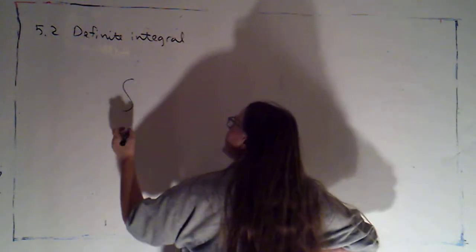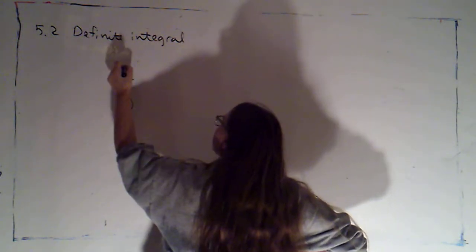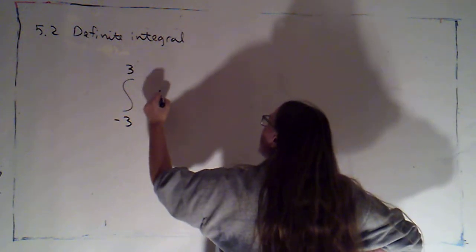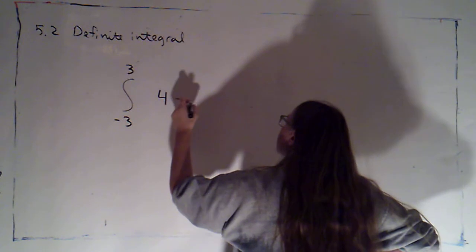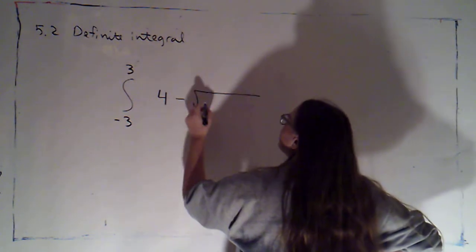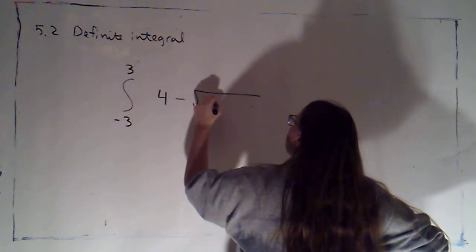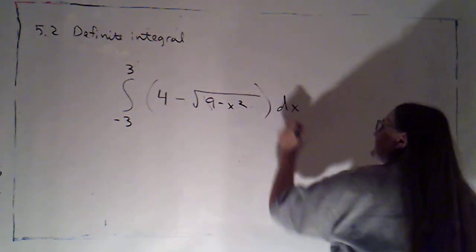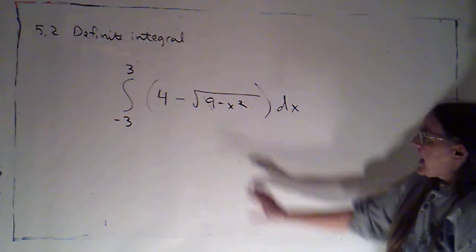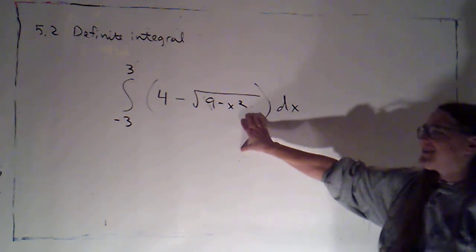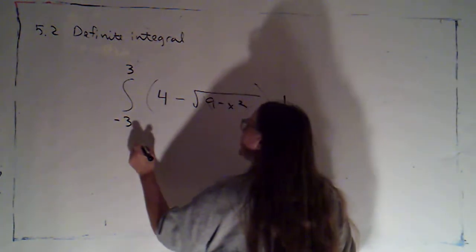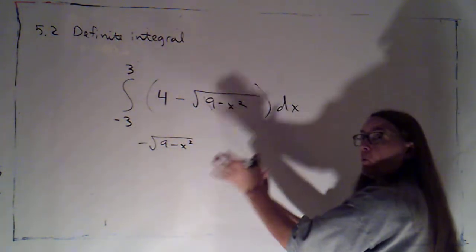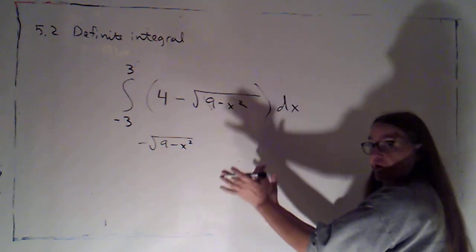So let's try the integral from negative 3 to 3 of 4 minus the square root of 9 minus x squared dx. And I'm just going to give you one hint before I suggest that you pause the video. Might help to think of this as negative root 9 minus x squared. Figure out what that is first.